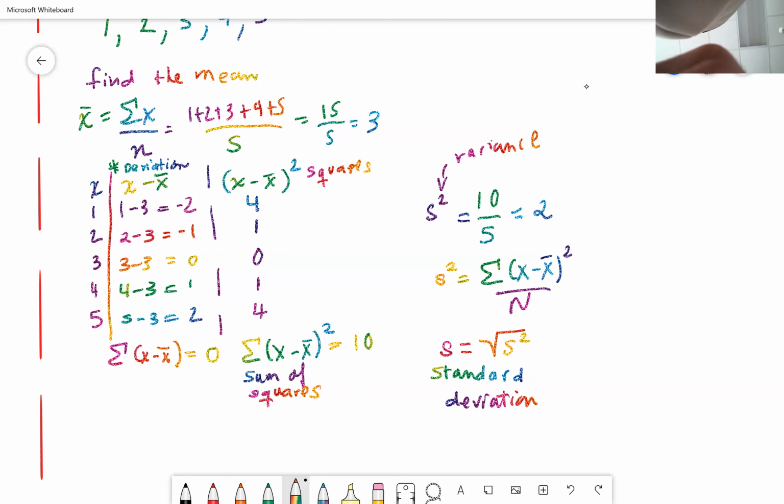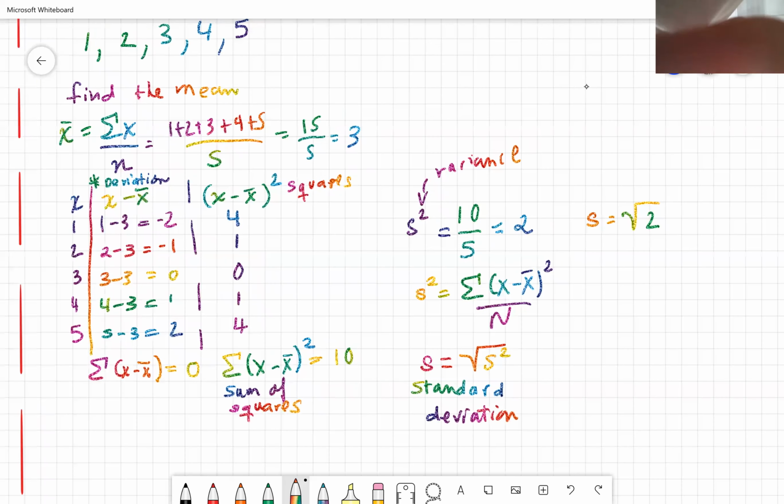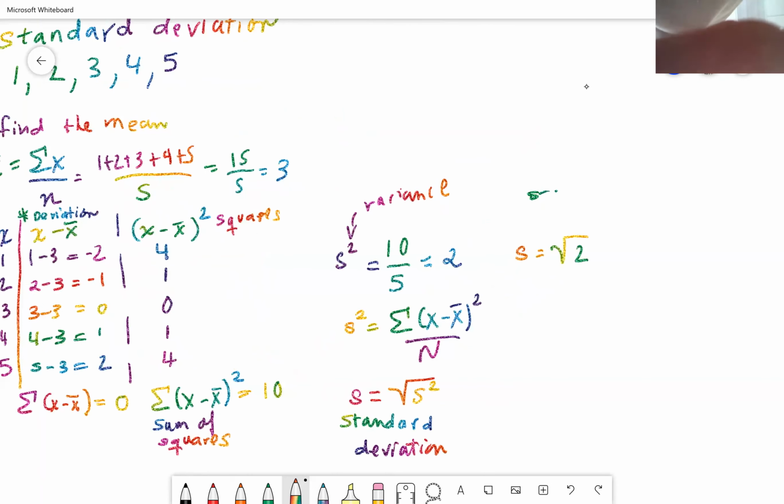So s here equals the square root of 2, which is your standard deviation. Now, that means every problem you do, you have to follow this procedure.